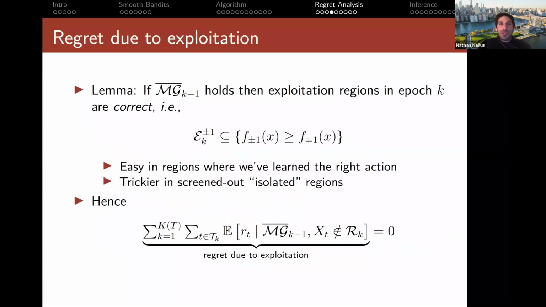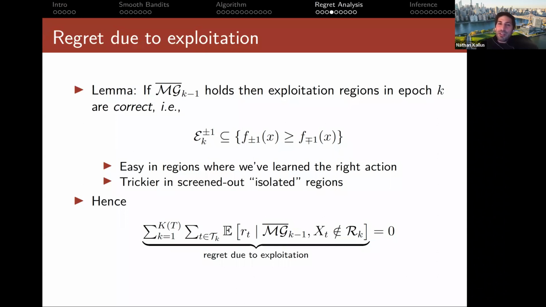So the easiest one is the regret due to exploitation. Essentially, we can show that if everything is good so far, then we've never made any mistakes when constructing the exploitation regions. Whenever we said arm plus 1 should be pulled in this region, we were always right. This set is a subset of the set of covariates where arm plus 1 or corresponding arm minus 1 are admissible.